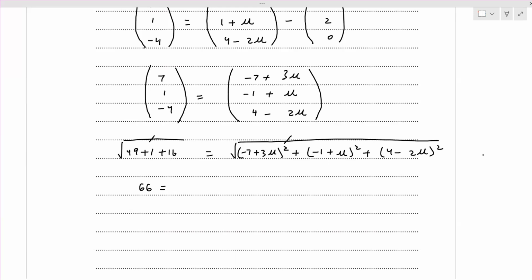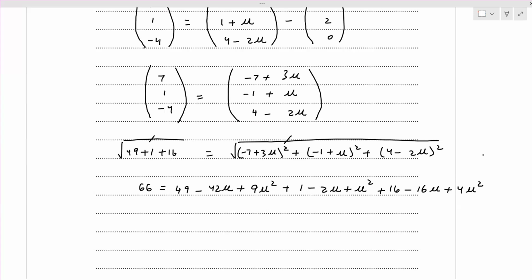expand the brackets, a square minus 2ab plus b square, a square minus 2ab plus b square.